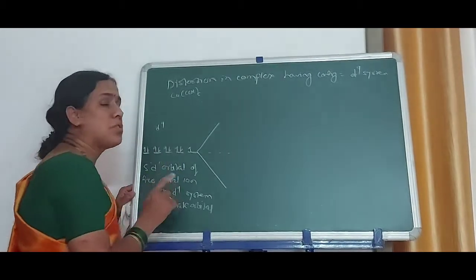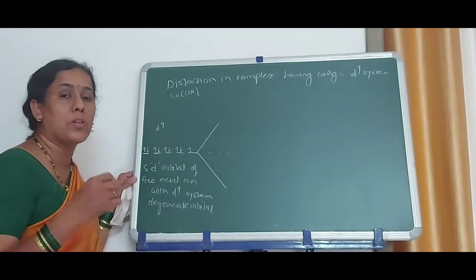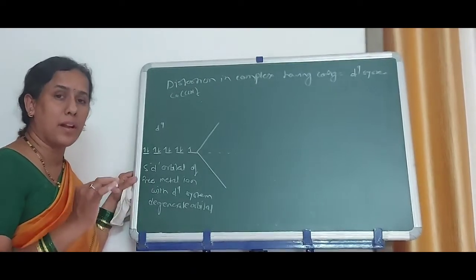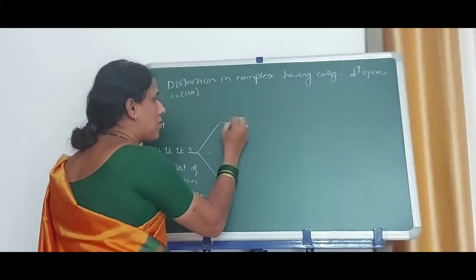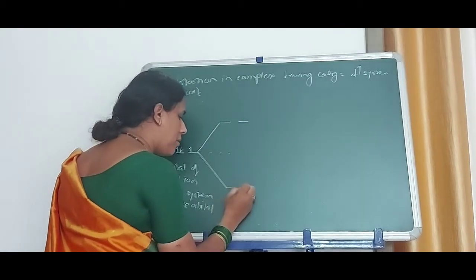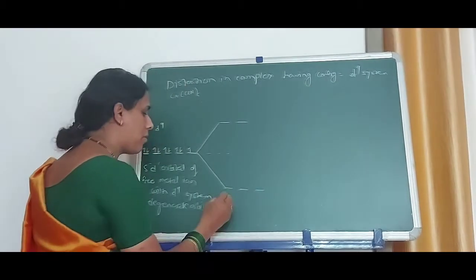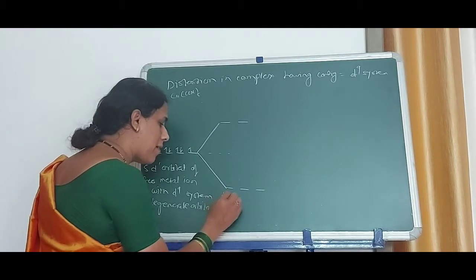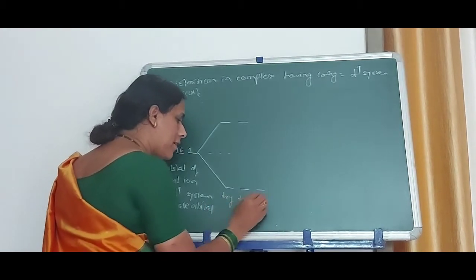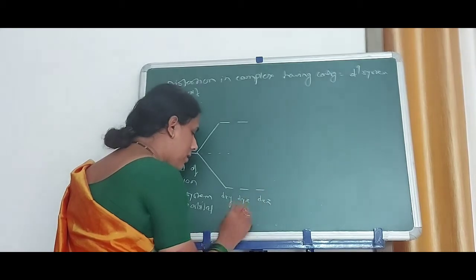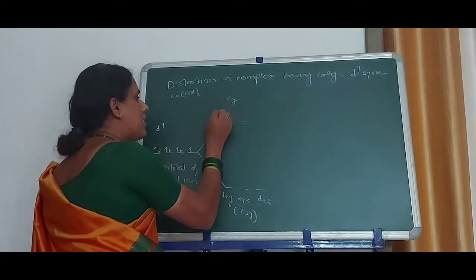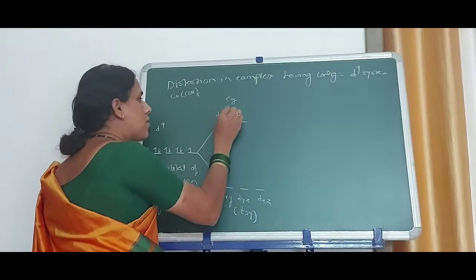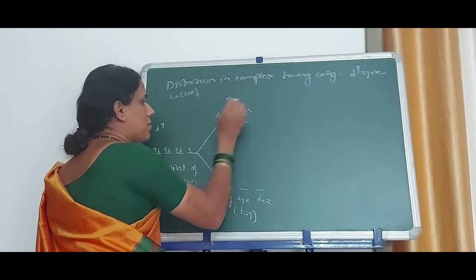That is, those orbitals which have the strong repulsion with the central metal ion electrons, that is the Eg orbitals, equal to 2 orbitals, and here the T2g orbitals, which are 3 orbitals. Here dxy, dyz and dxz are the T2g orbitals, and here the Eg orbitals are dx square minus y square and dz square.